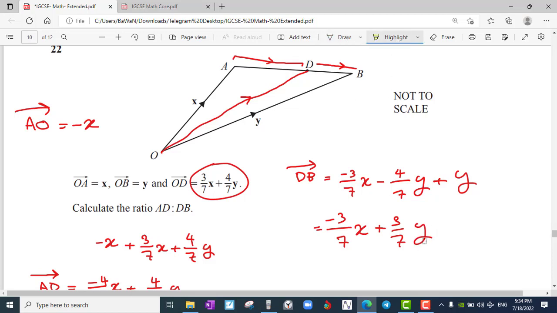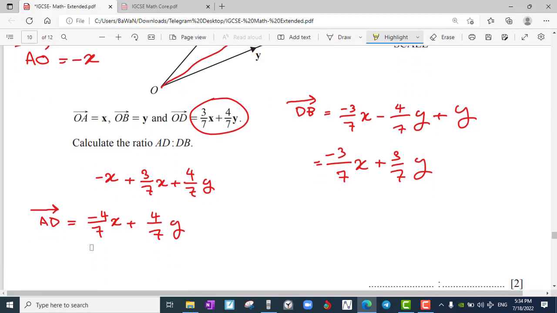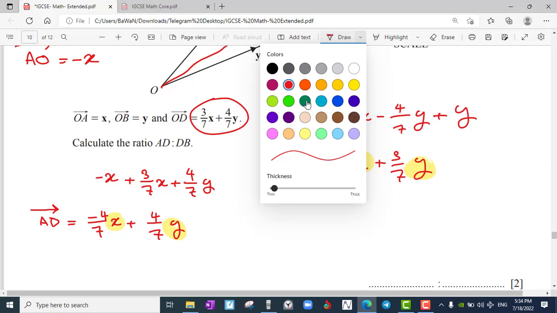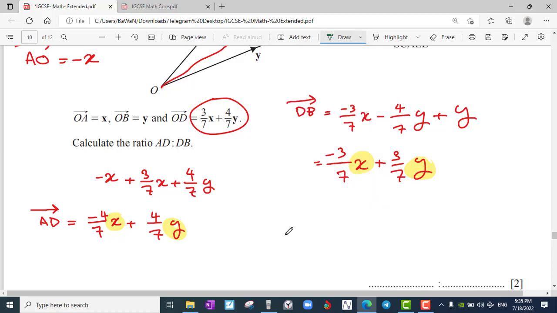Now look at this expression and look at this expression. X is the same, y is the same. The only difference, this one is 4 over 7, this one is 3 over 7. To write it as ratio, we write it first like this, 4 over 7 to 3 over 7.